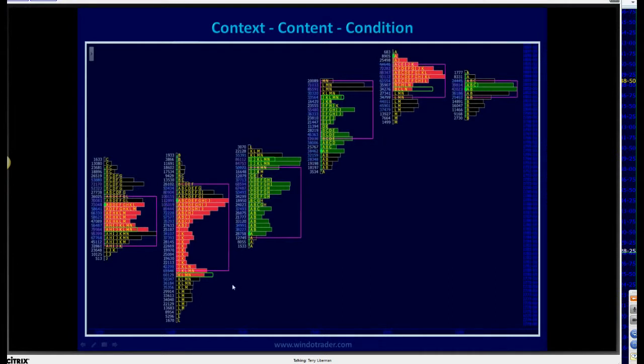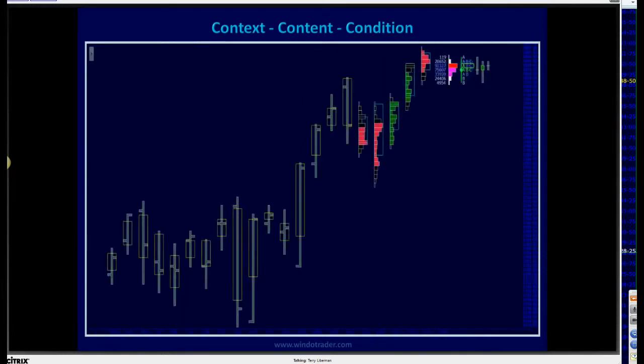The next one, we got significantly higher value. And right here, we got back into overlapping value and then into inside value. So by looking at this, we can get an idea of how strong this trend potentially is. One of the things that we look for is the degree of overlap or the spread between value areas to give us an idea of the conviction of the attempted direction of the move.